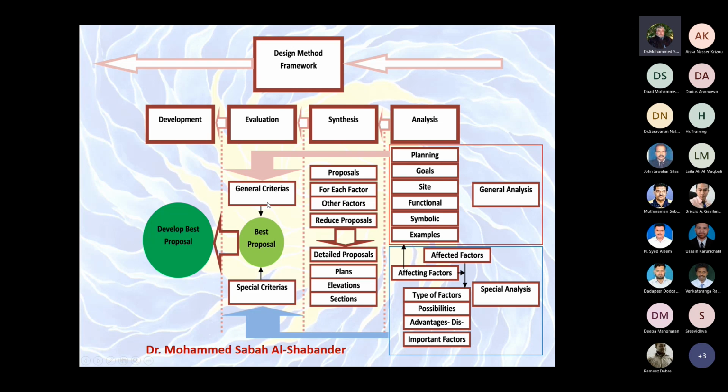We must have general criteria for evaluation, so as to get the best proposal according to these criteria. And then after we finish the evaluation, the student or the architect can work again to develop the proposal or design to submit it to get a developed best proposal, the final design of his project.